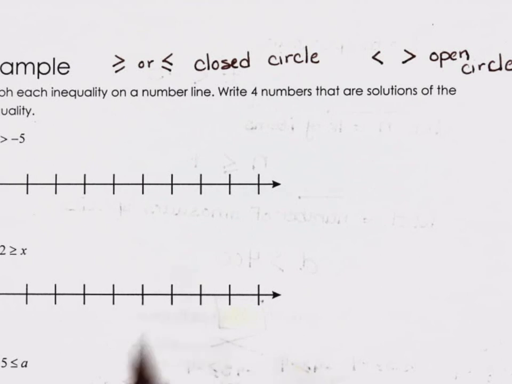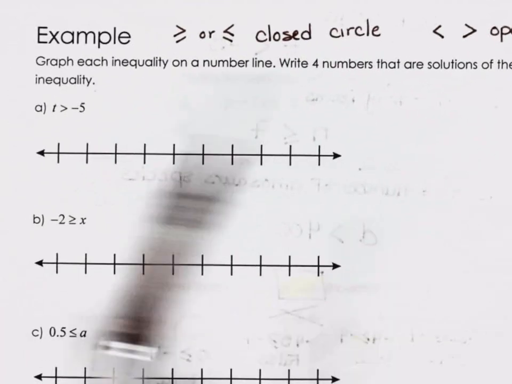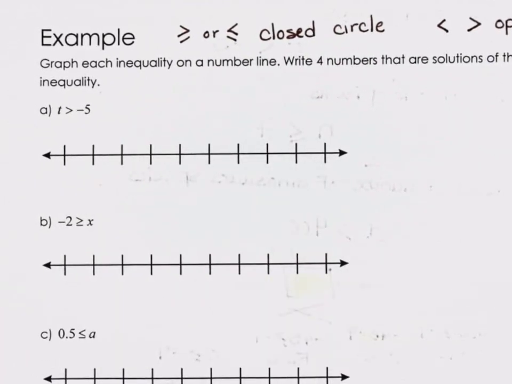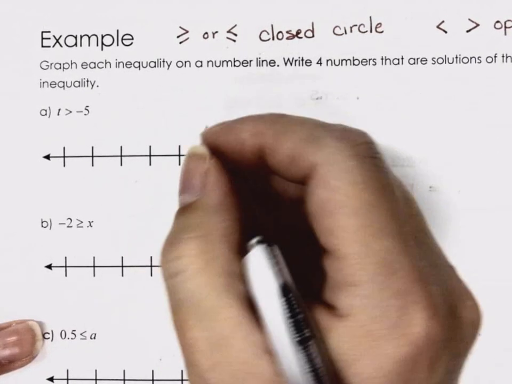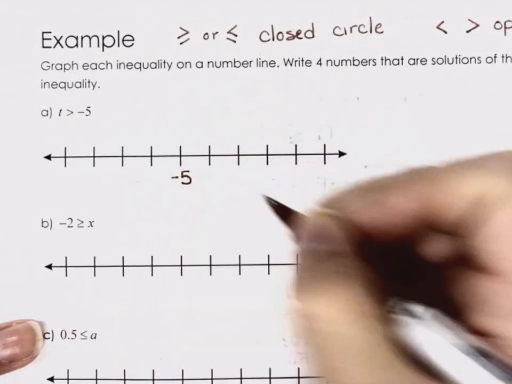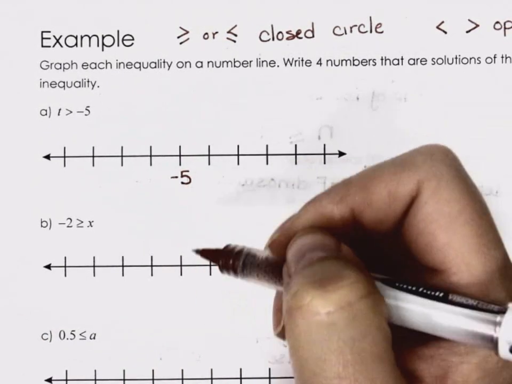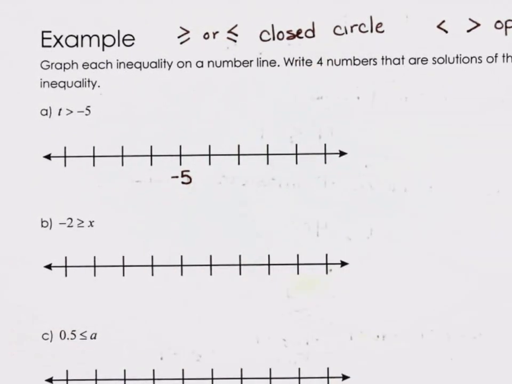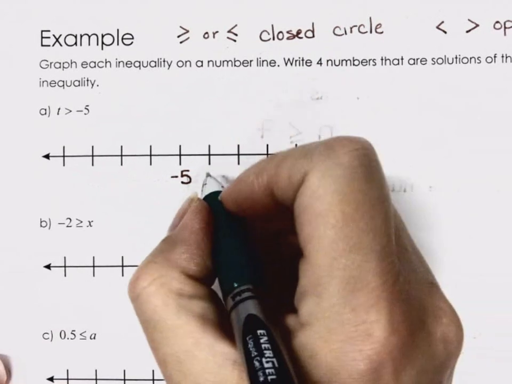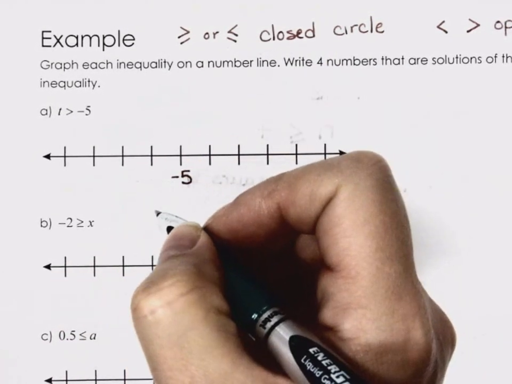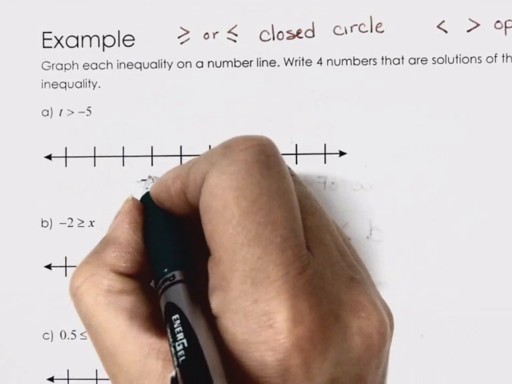So, these number lines, notice they have no increments on them. So you're going to have to put the increments on. So I'll put -5 right here. That's going to be my -5. So let's label some points on here just so we can remember. If I'm going to the left, they're going to be lower numbers.